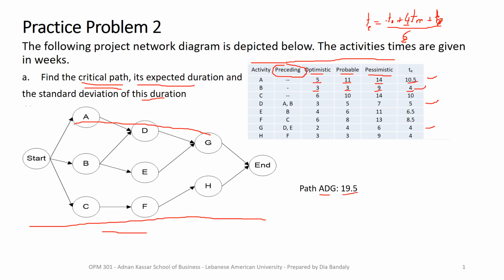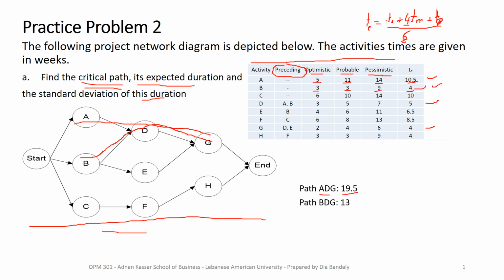Second path, what do you think? Yes, also I like to be systematic. From A, I cannot go anymore, so I will have to shift to B. From B, I go up. You remember I like to go bottom to top. So it's B, D, and G. How to find its duration? You simply sum up the expected durations of BDG.